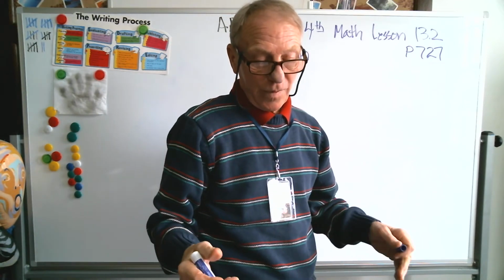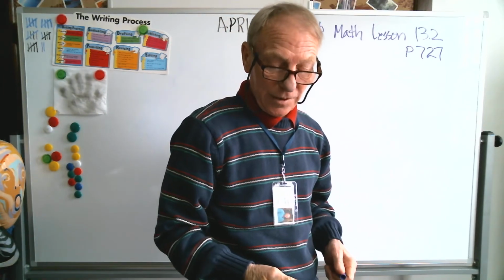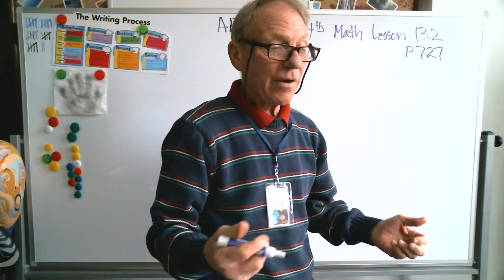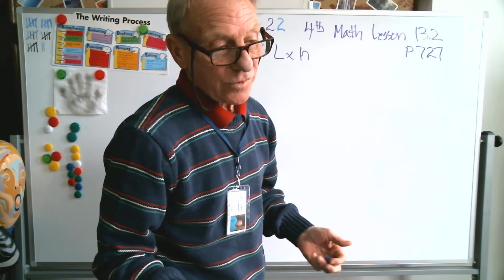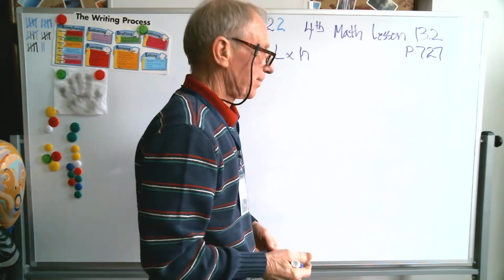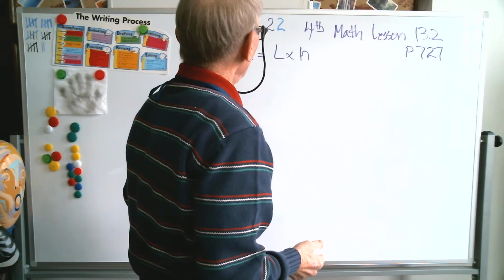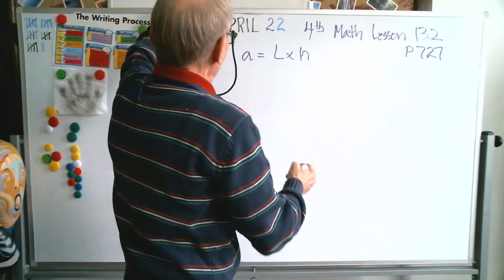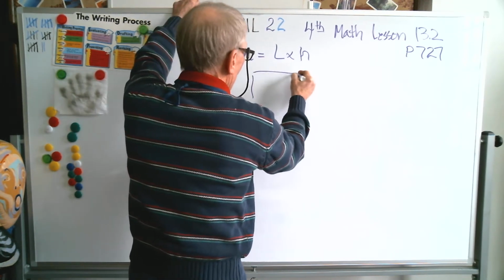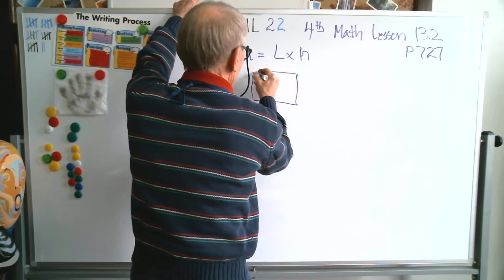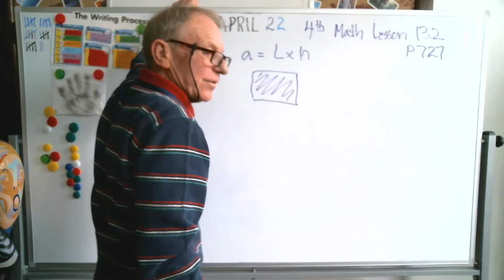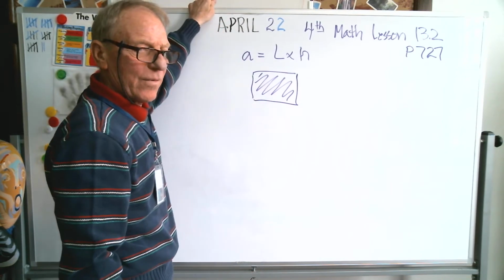And when you start into this unit, the first thing that they do is they show you how to find the area of squares and rectangles. So, in order to find the area, what we're talking about in a rectangle is all of that surface area of that rectangle.